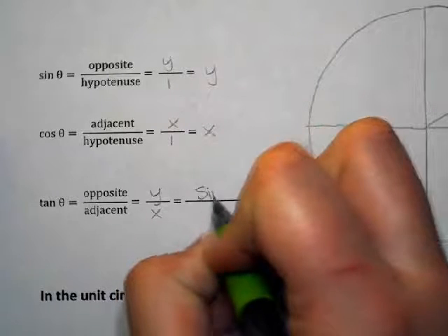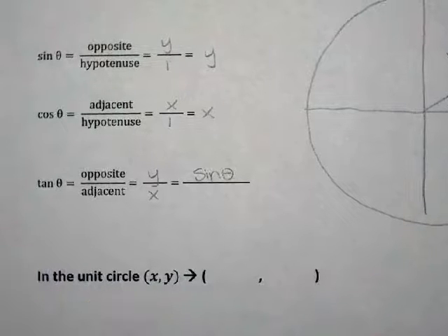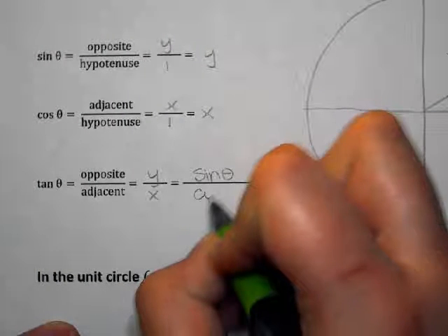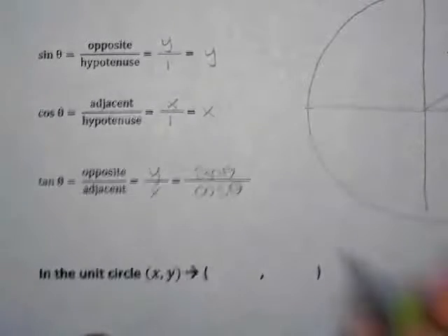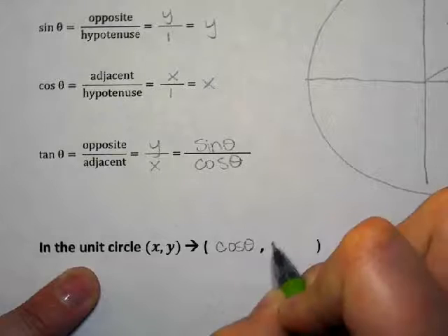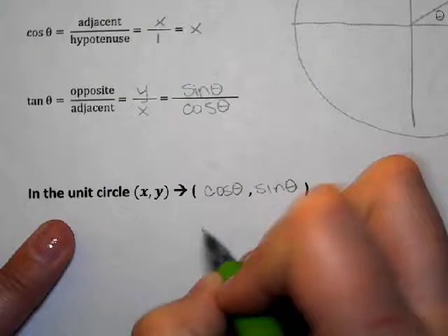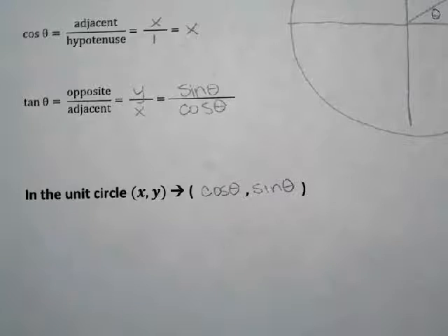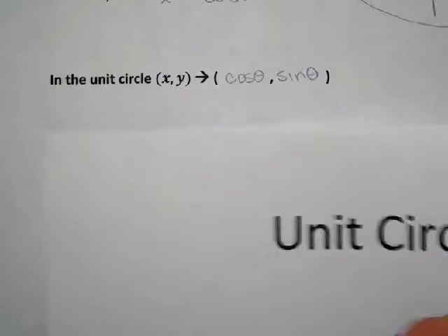So in the unit circle, we know that the x corresponds to the cos, the y corresponds to the sine. We're actually going to write this on our unit circle because this is really interesting stuff to us. We're going to say that x comma y is the same as cos comma sine. I remember this by saying that this is like alphabetical.